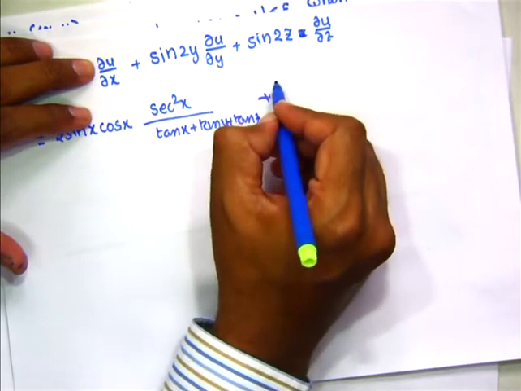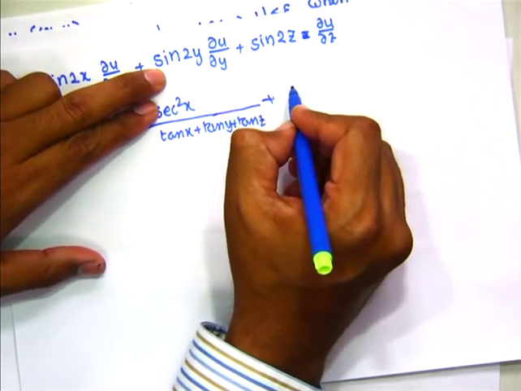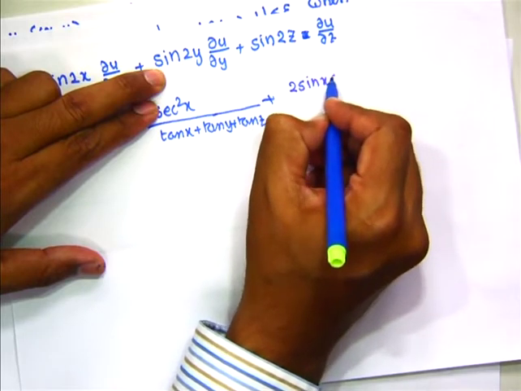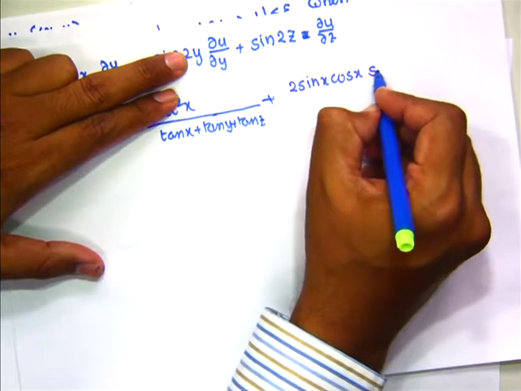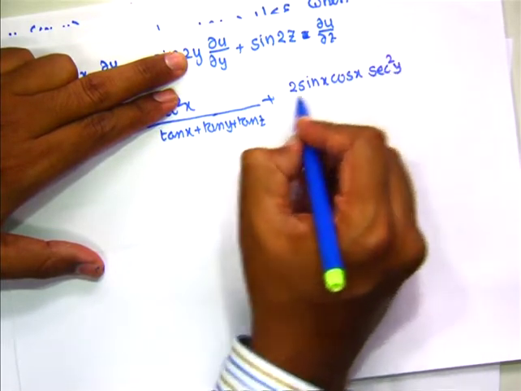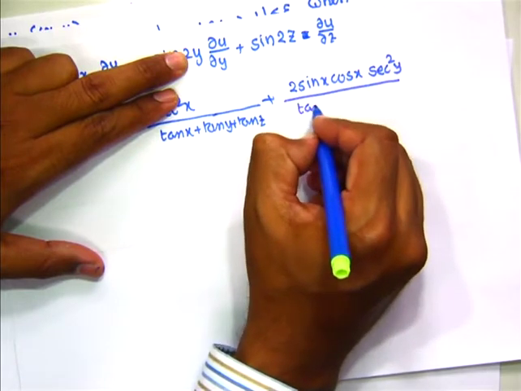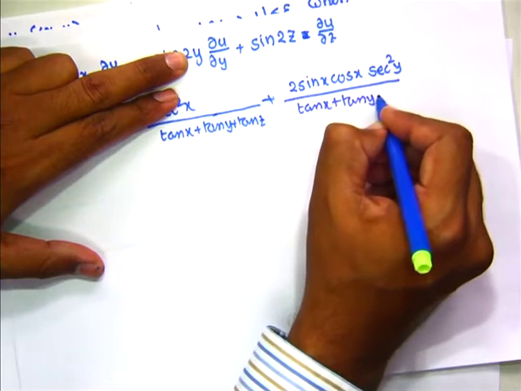Here again we have to substitute the value of sin 2y. So sin 2y is 2 sin y cos y, and del u by del y is sec square y, which is 1 upon cos square y, upon tan x plus tan y plus tan z.